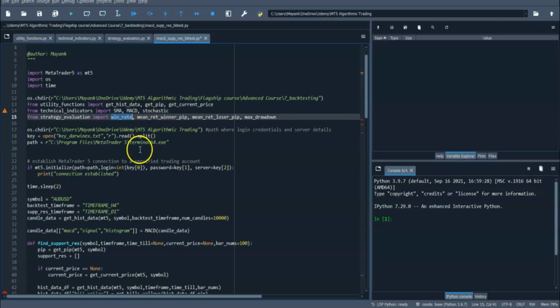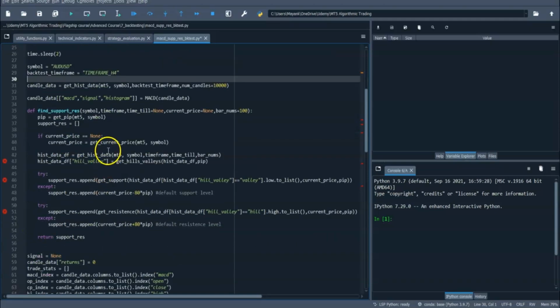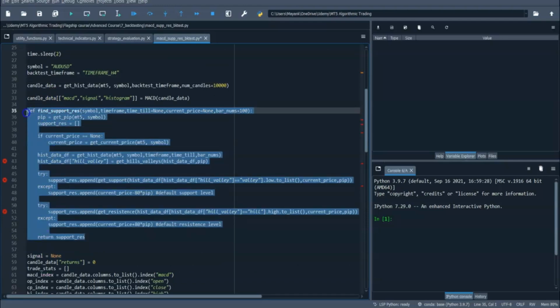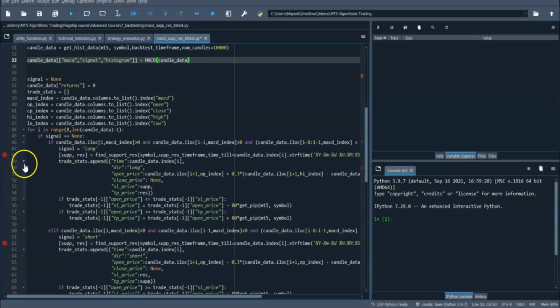So that's fine. What else needs to change here? I need the backtesting time frame. I don't need the support resistance time frame, so let me remove this. Because I don't require support and resistance, I don't need the time frame as well. Let me also remove the functions, because I don't like the distraction of these error symbols in my IDE. Wherever there is support resistance, I'm going to remove it.